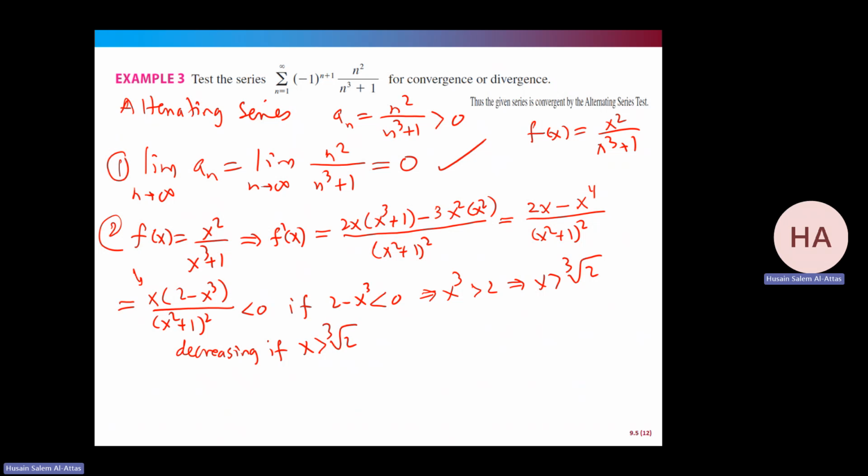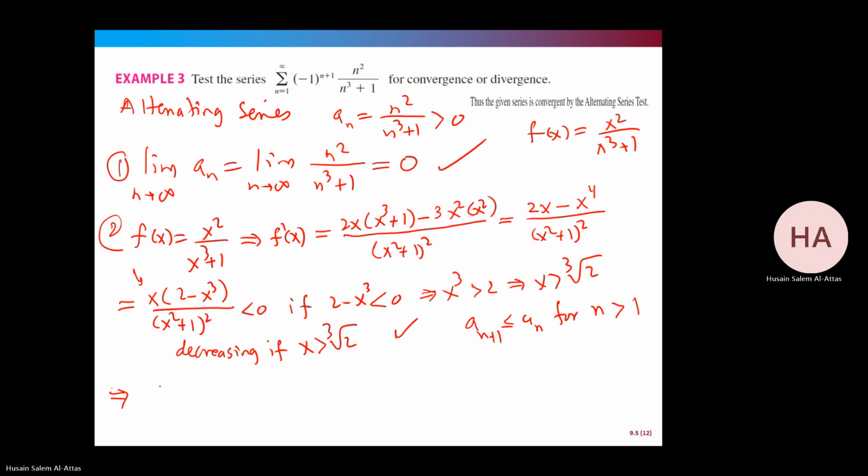So the second condition is satisfied. So you have an plus 1 less than an for n greater than or equal to 2. Or for n greater than 1, let me say. Yeah, because at 2, it will be satisfied. So the conditions are satisfied.